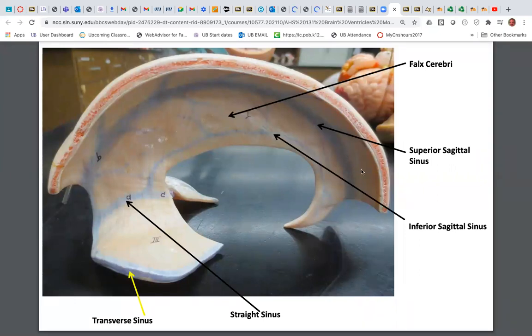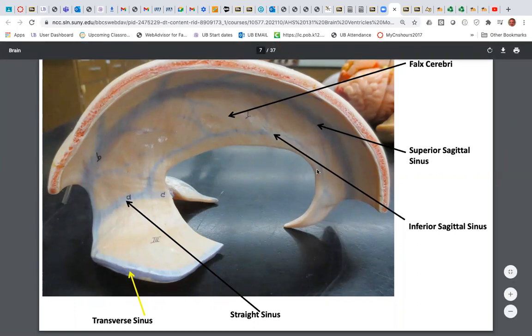So the main structures that you should be familiar with are the superior sagittal sinus right here and the inferior sagittal sinus. It looks like a double rainbow pretty much. So the superior part of the rainbow is the superior sagittal sinus, and the lower one is the inferior sagittal sinus. And then we have a straight sinus here and a transverse sinus here.